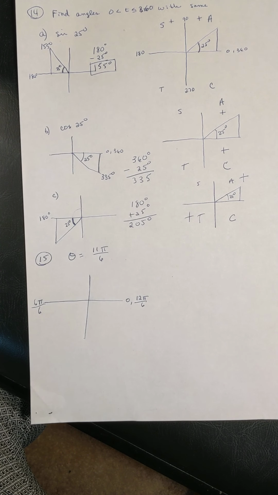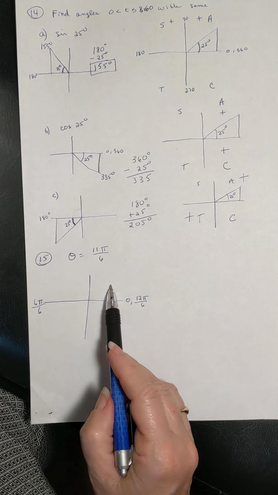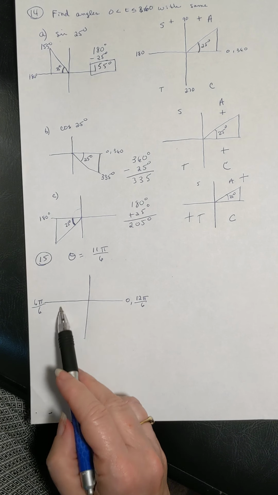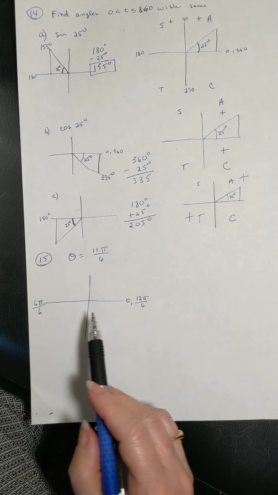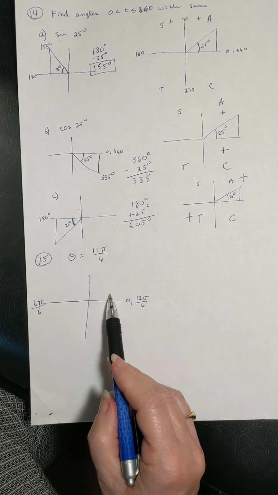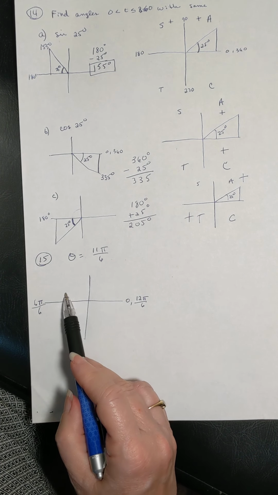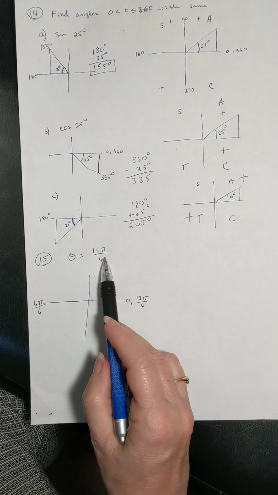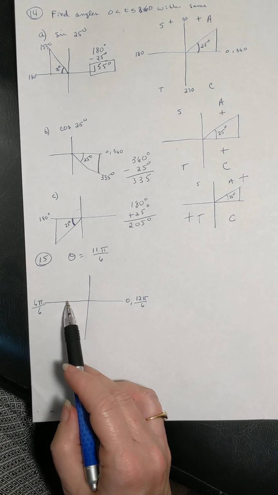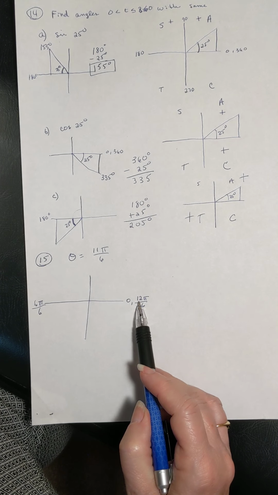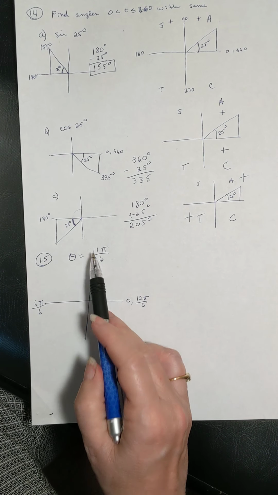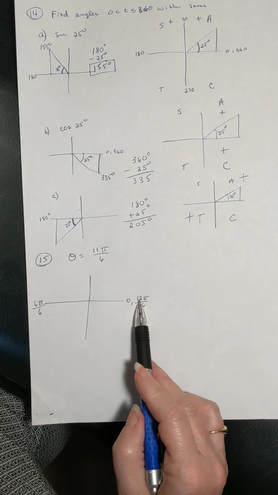All right? So now let's start, and we're going to go counterclockwise in the positive angle direction. I'm going to go around, and I'm going to go past 6 pi over 6 because I'm going 11 pi over 6, but it's not quite to 12 pi over 6. Now, is 11 closer to 6 or closer to 12?